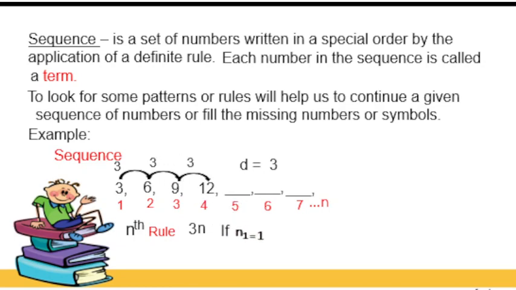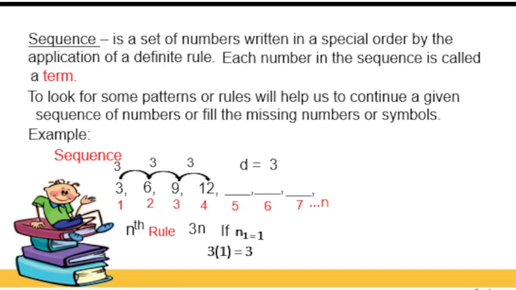If n is equal to 1, then 3 times 1 is equal to 3. So we check, we are correct on the first term. Now let's check the second term. So n is 2, 3 times 2 is 6. So this is also correct.